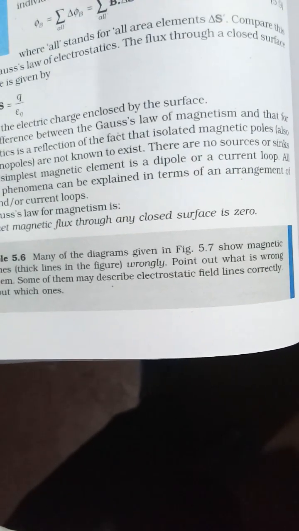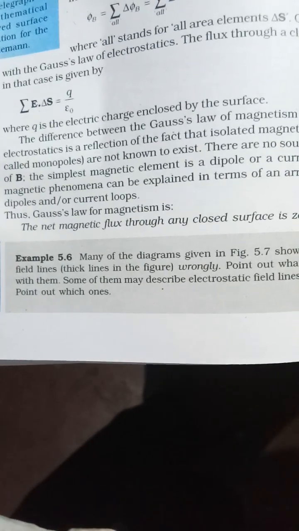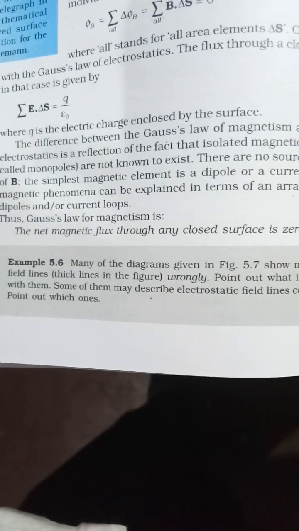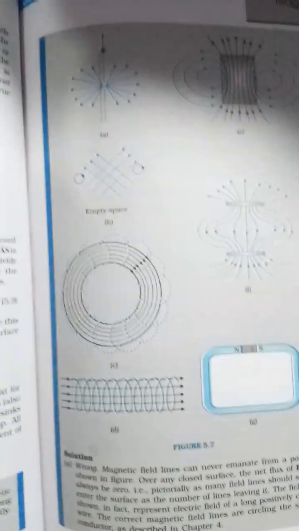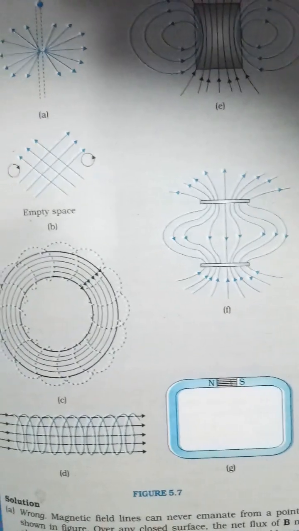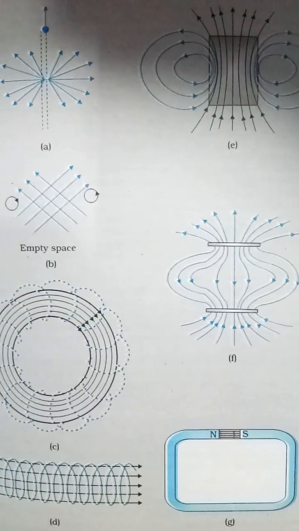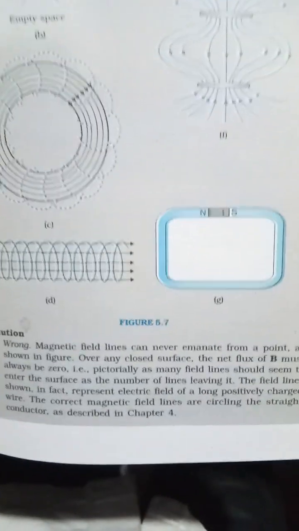Point out what is wrong with them. Some of them may describe electrostatic field lines correctly. Point out which ones. You can see and try to understand what is given here, and it will provide you a better understanding. The solution is here.